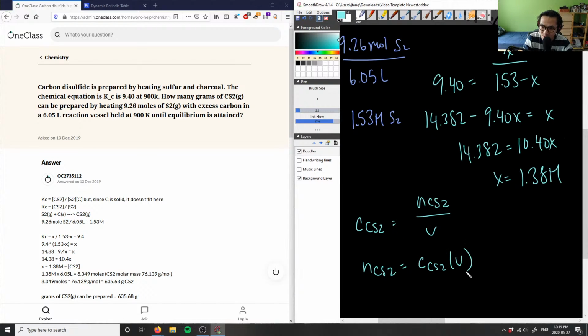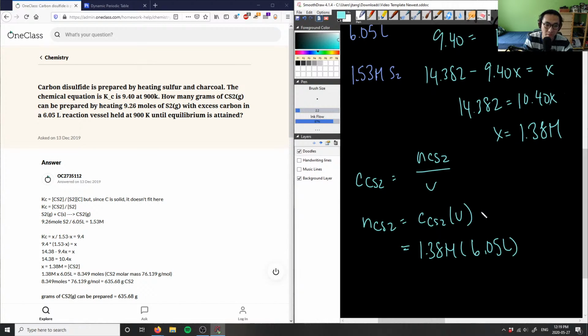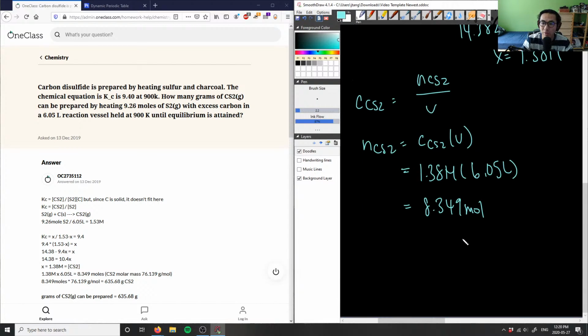This is 1.38 molarity times our volume, which is 6.05 liters, which gives me our moles, 8.349, sorry, moles.